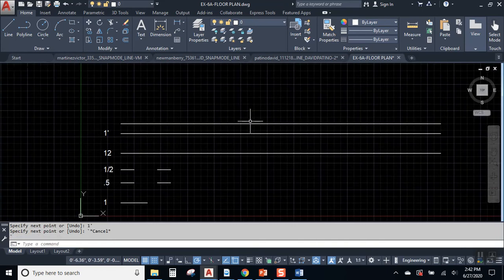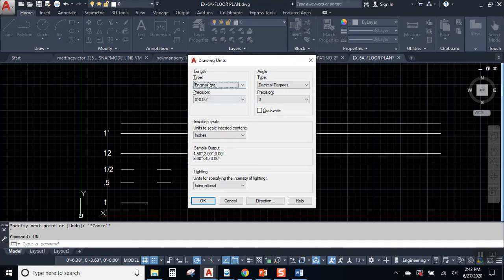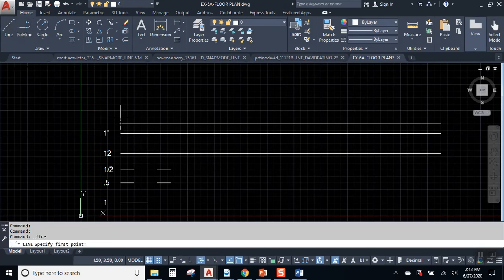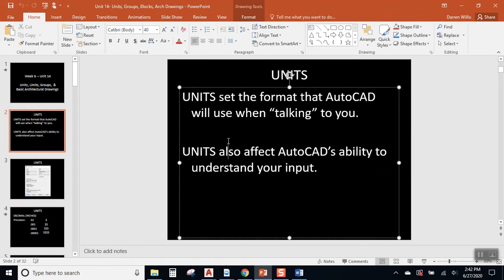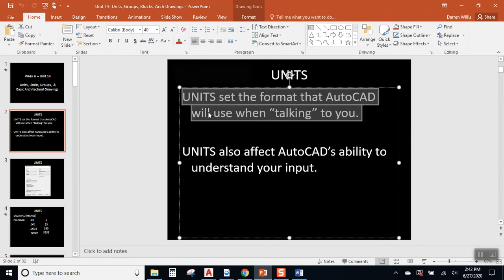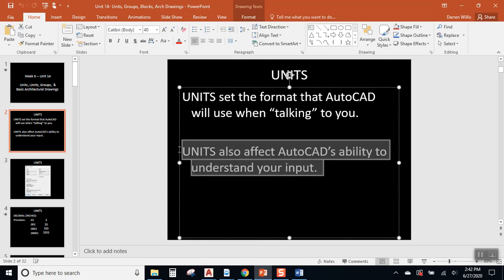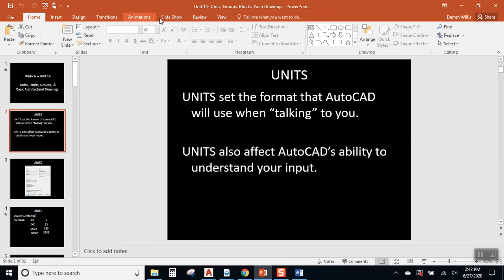Okay, if we're in fractional, if we're in decimal, if we're in scientific, and we try typing in feet, nothing's going to happen. 1 foot. Bam. Nothing happens. Alright, so units affect how AutoCAD talks to you when it's giving you information about sizes. Units also affect AutoCAD's ability to understand what you're typing in when you start using symbols like the foot mark.